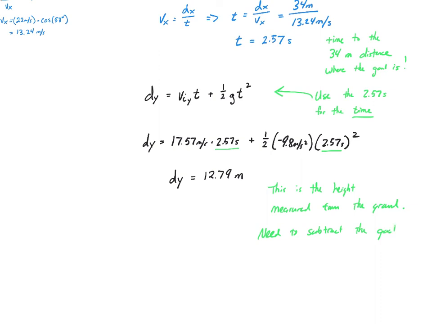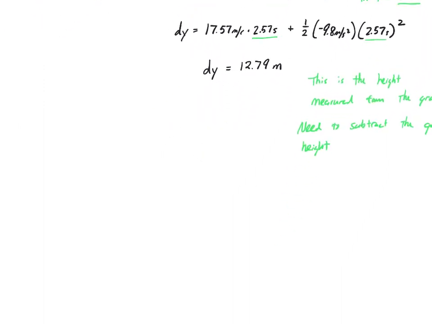So I'm going to take that 12.79 meters and I'm going to subtract the 3.05, which is the height of the goalpost in this case when I go back to my sketch, and then I'll be able to figure out how far above the goalpost the ball is at that time. So doing the subtraction, I get around 9.74 meters above the goalpost. That would be the answer that the question is looking for.